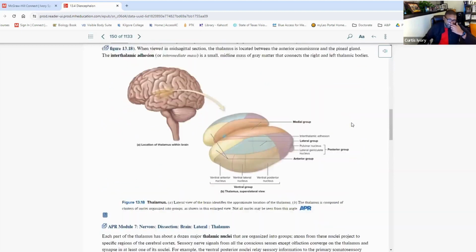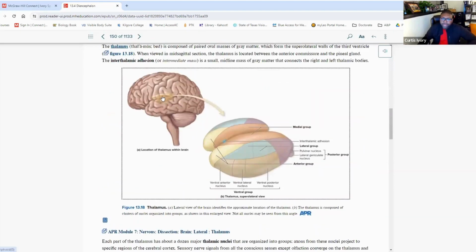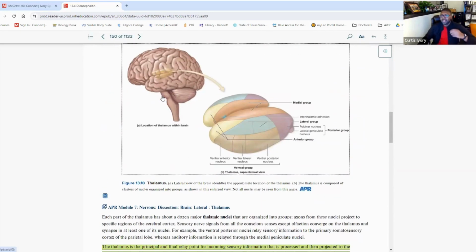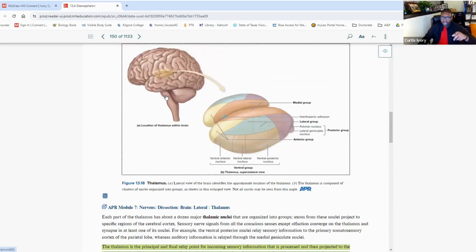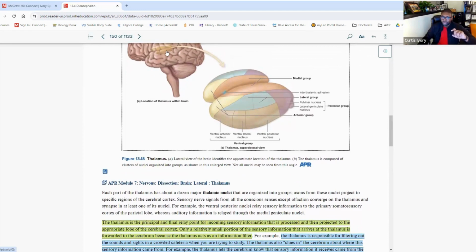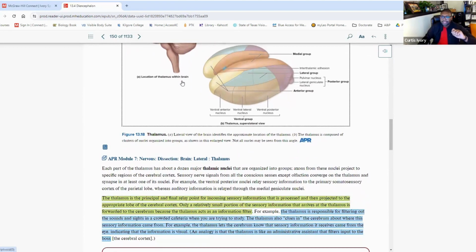The thalamus, which is this region here in your brain, is a really big portion of our brain because even though it's a small portion, it has a really big duty. Essentially, it's the relay point for sensory information. So all your senses, your sight, smell, touch, taste, all run through the thalamus, this little region here in your brain.